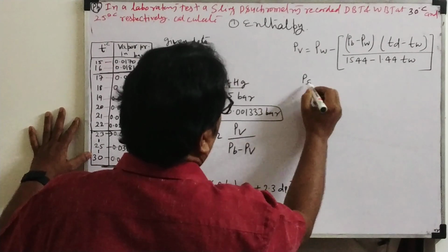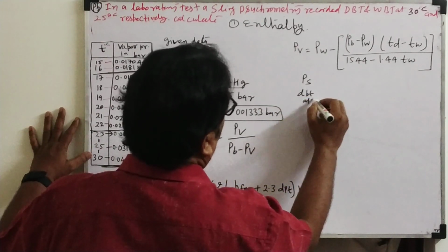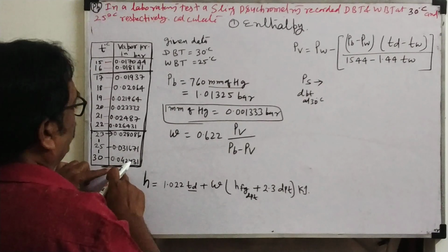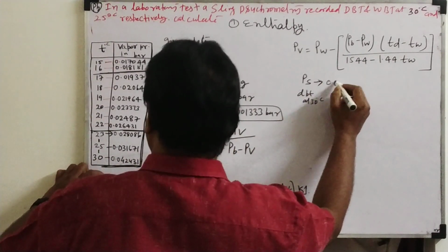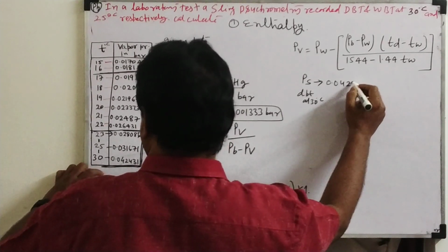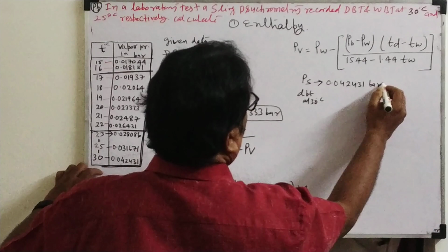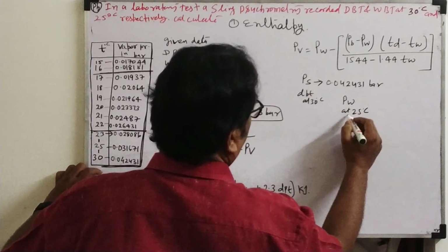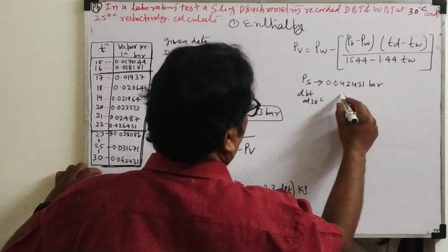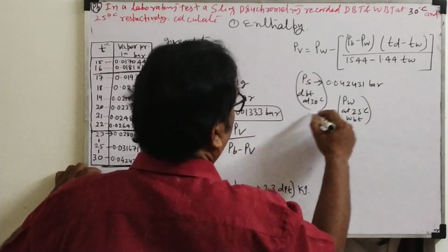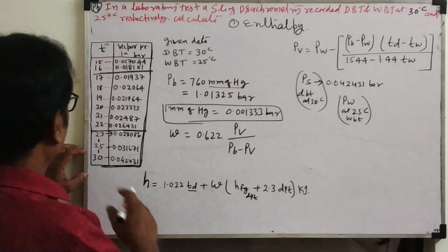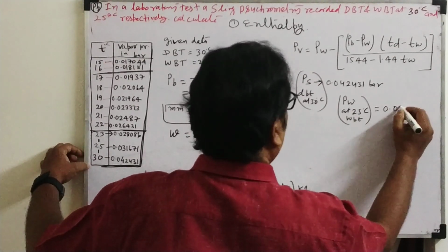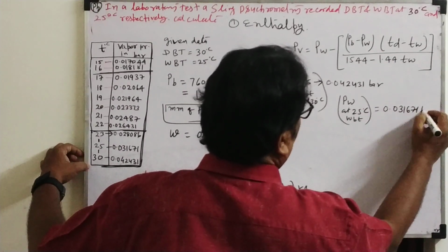The PS value we get directly from the dry bulb temperature, at 30 degrees from the psychrometric table. At 30 degrees Celsius, the PS value is 0.042431 bar. The PW value we get from the wet bulb temperature, at 25 degrees Celsius. This value is 0.031671 bar.